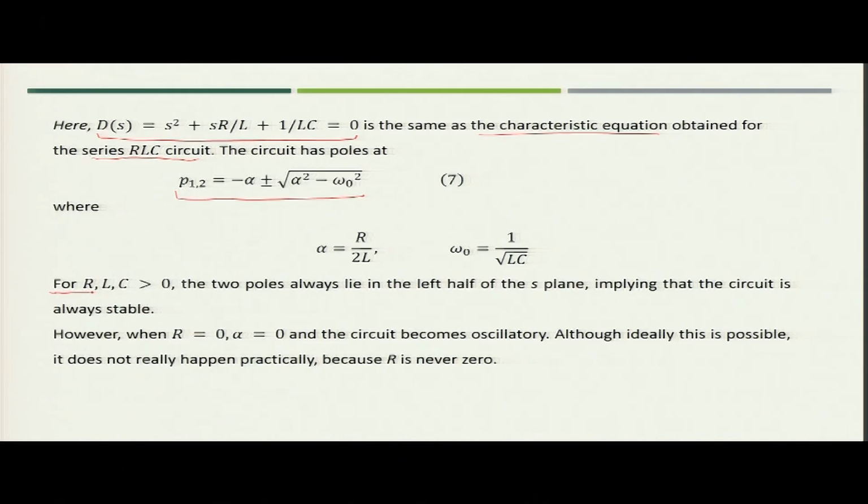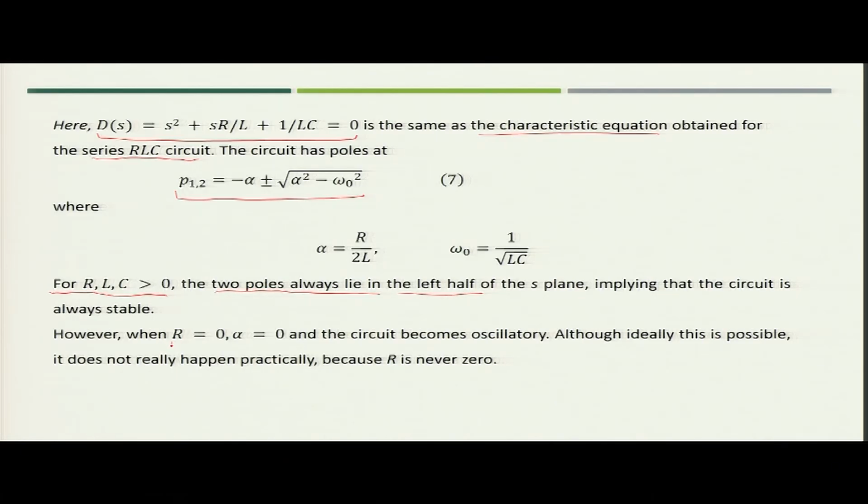Now, if R, L, C are greater than 0, the two poles will always lie in the left half of the s-plane. That means a network which contains R, L and C components will not be unstable, because the poles which we get from the given transfer function of the circuit will always have negative real part.